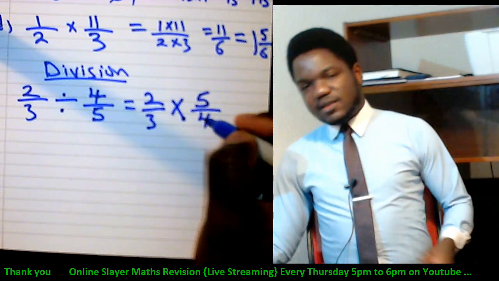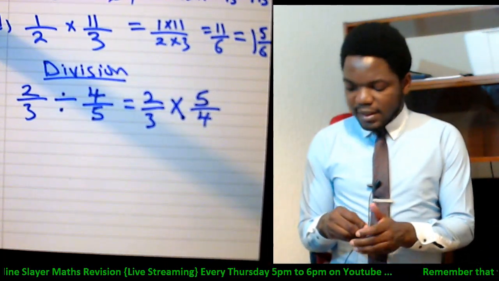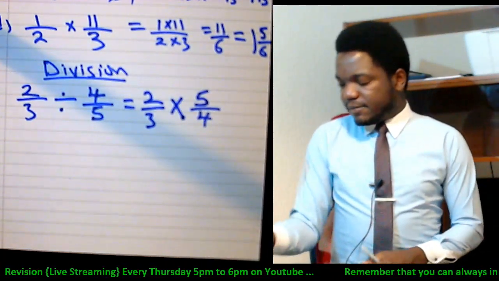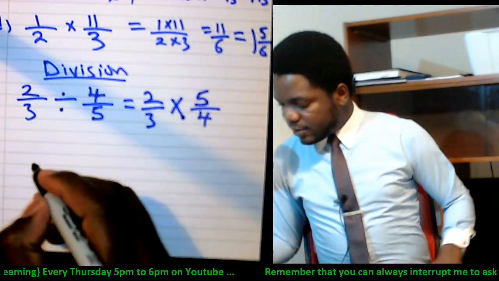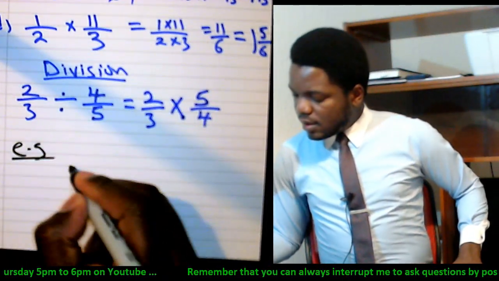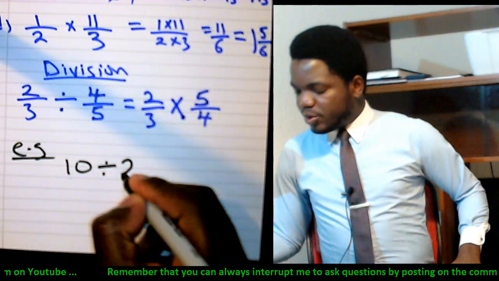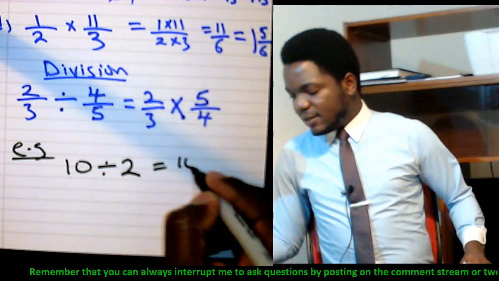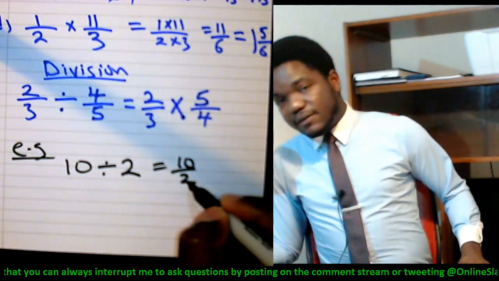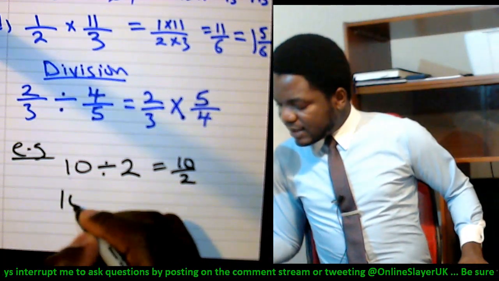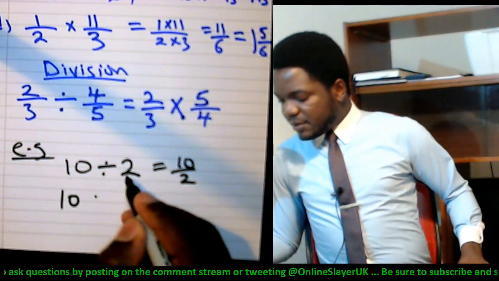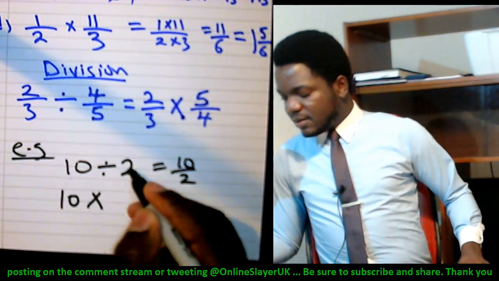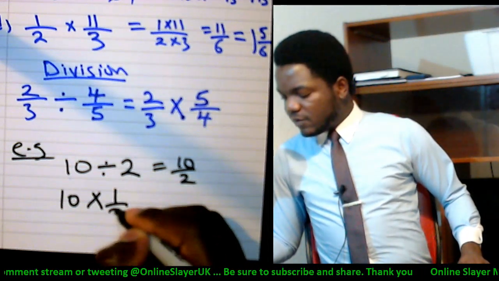And the idea is simple. You can easily understand that if I tell you where it came from. For example, 10 divided by 2. Normally you would say that's 10 over 2, right? But do you know where 10 over 2 came from? That came from 10 divided by 2 becoming 10 times, and this 2 became 1 over 2.